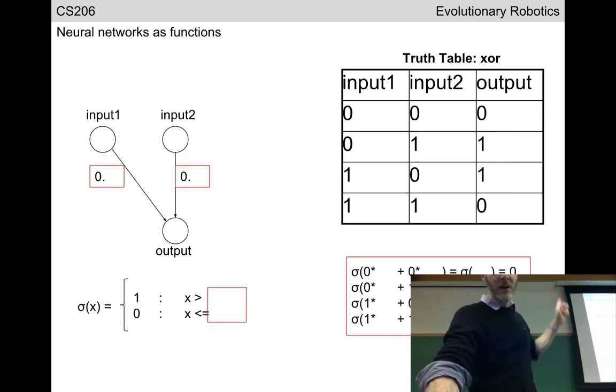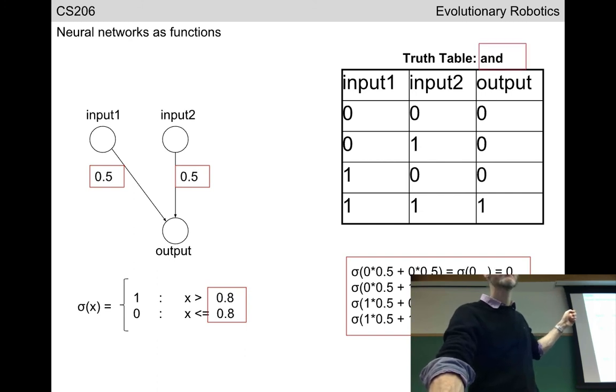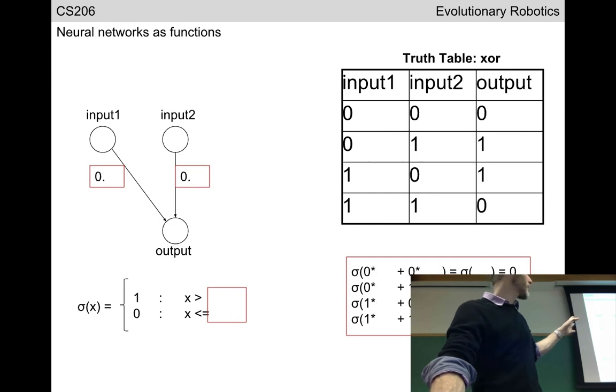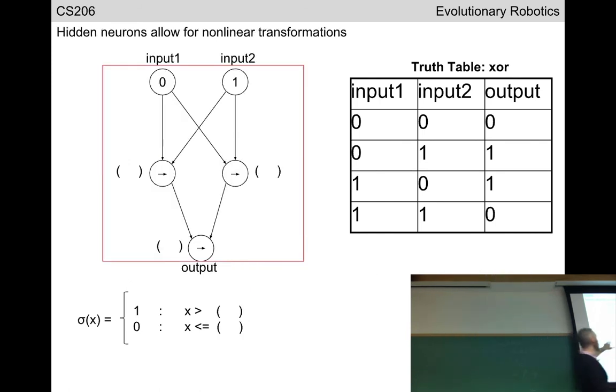So one of them does this, and one of them does this. We got that piece. So we've got these two neurons down here computing the AND and the OR function. How do we combine them so that the output neuron gives us the XOR function?